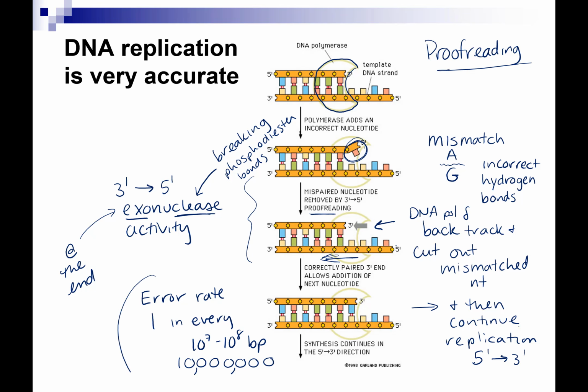Something I want you to think about is that your genome has about 3 billion base pairs. So every time your DNA replicates, even with this proofreading, you can still accumulate at least 5 mistakes. We call these mutations, and they may or may not have an effect on protein expression, which we'll talk about in transcription and translation.